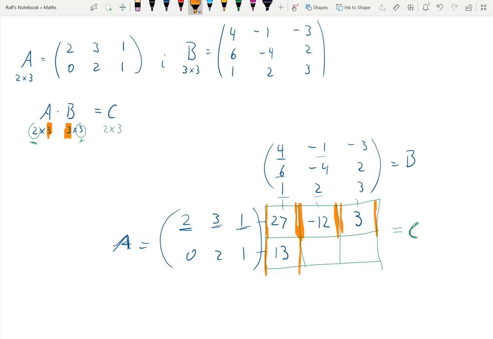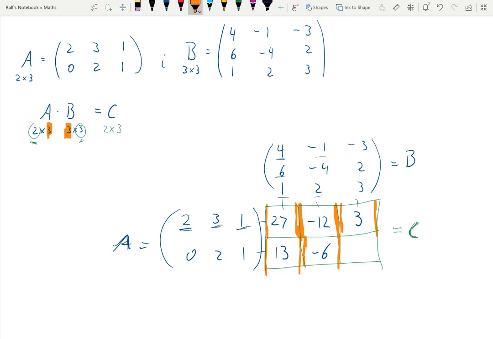Next one, we're almost done. Now we're calculating this value here, and that will be the inner product of these two vectors. So 0 times negative 1 is 0, 2 times negative 4 is negative 8, plus 1 times 2, which is 2, so negative 8 plus 2 is negative 6.